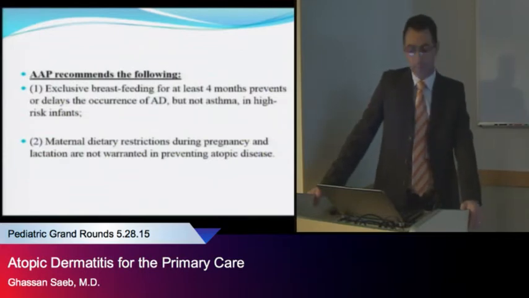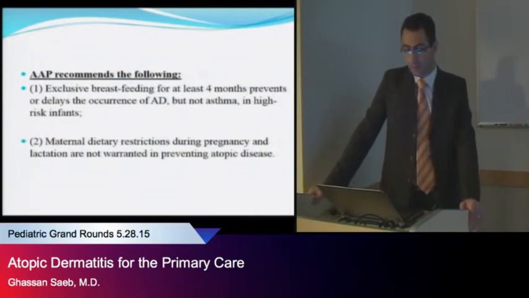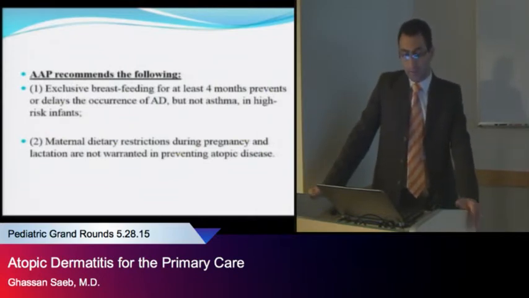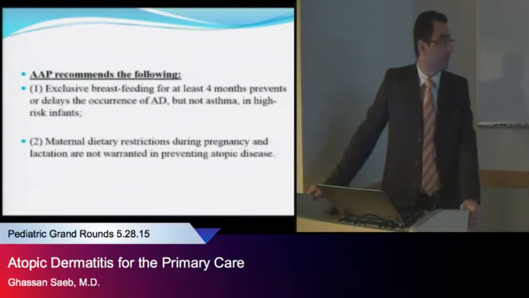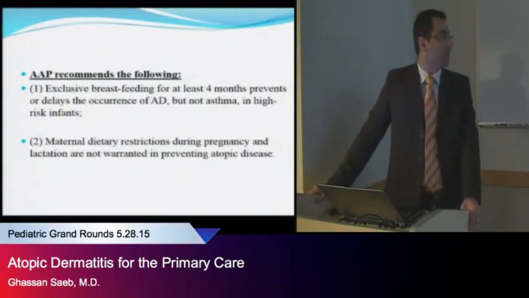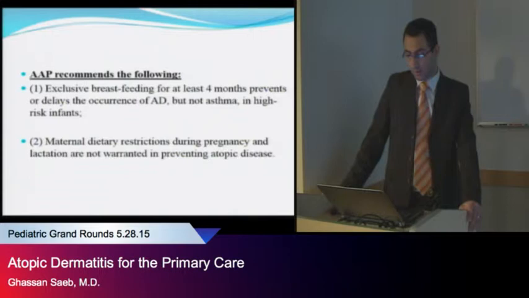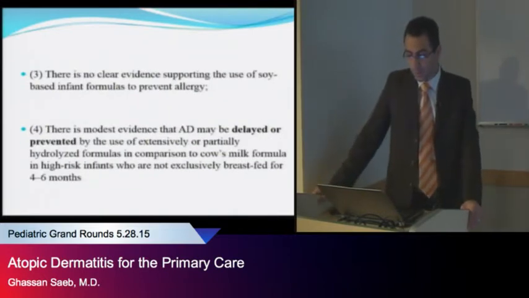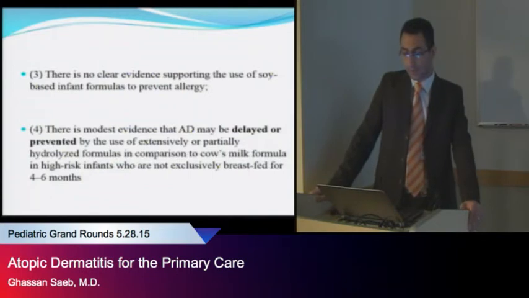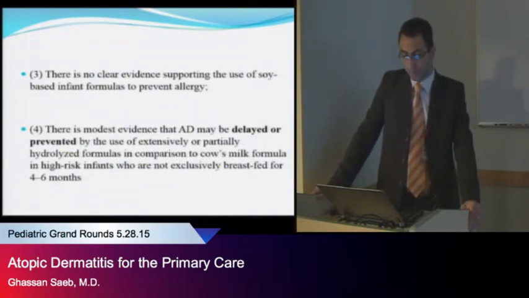AAP recommends exclusive breastfeeding for at least 4 months, which prevents or delays the occurrence of AD but not asthma in high-risk infants. Maternal dietary restrictions during pregnancy and lactation are not warranted in preventing atopic disease. There is no clear evidence supporting the use of soy-based formula to prevent allergy.